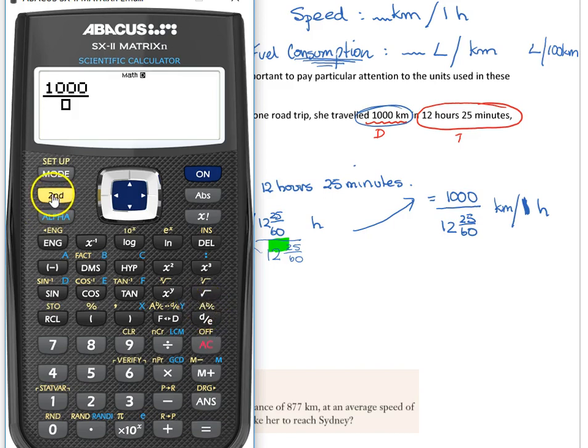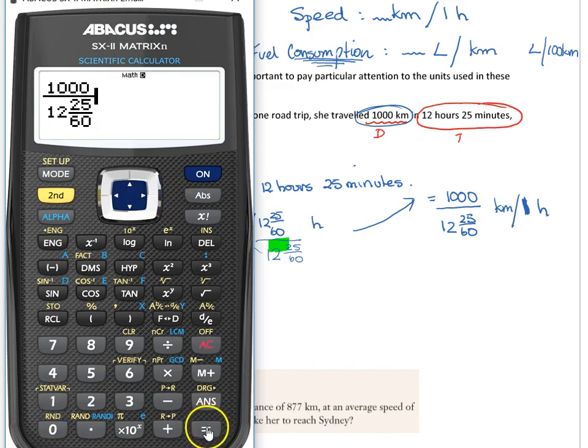To do that, you press second function DE, and you can see that we've now accessed what was written here in yellow, and we're able to put in our 12 and move over, and we put in our 25 and move down and put in our 60 and move across and say we're all done.